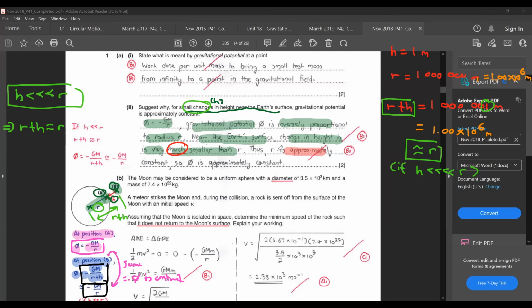Thus, R is approximately constant. So phi is approximately constant.